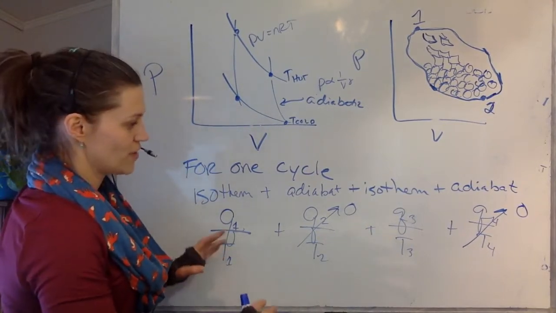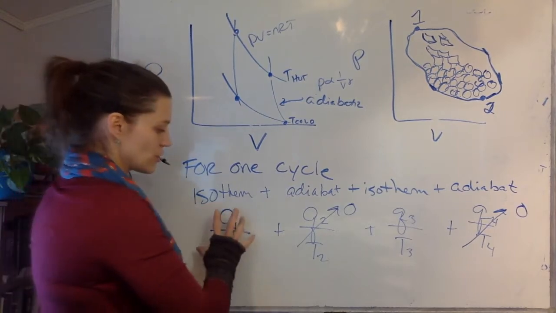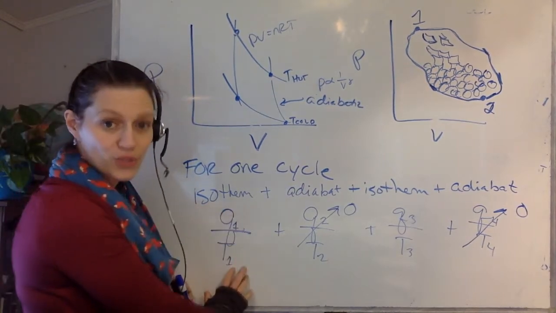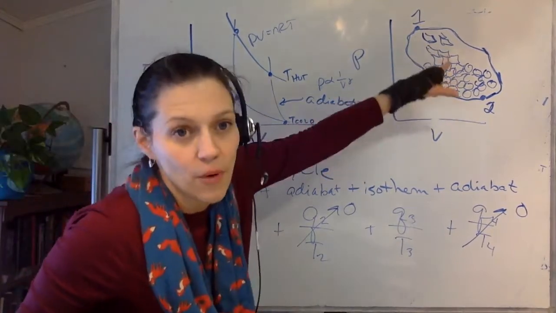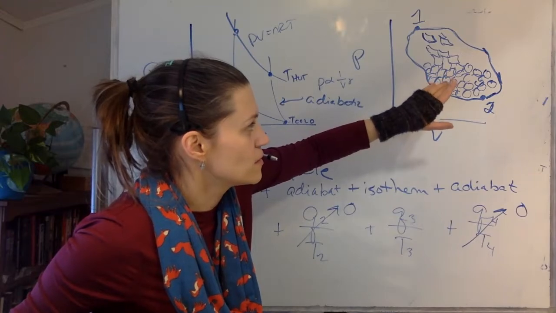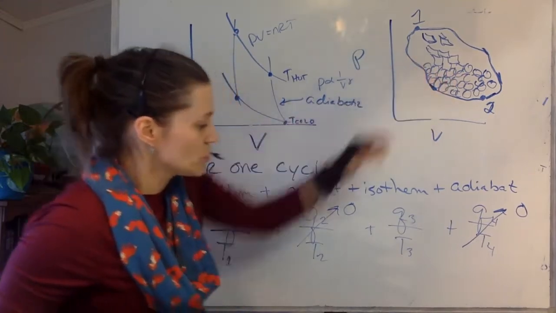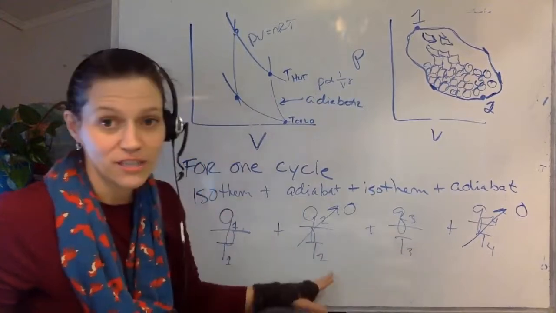The isotherms are the ones contributing this Q per T, and we sum up all the different cycles, but the adiabats aren't contributing anything to this Q per T value.